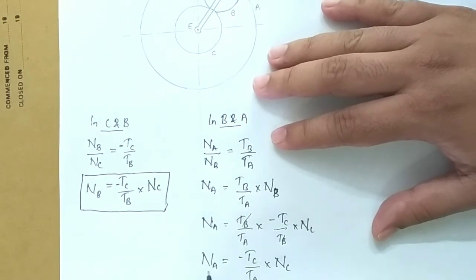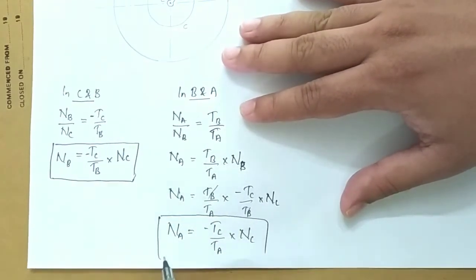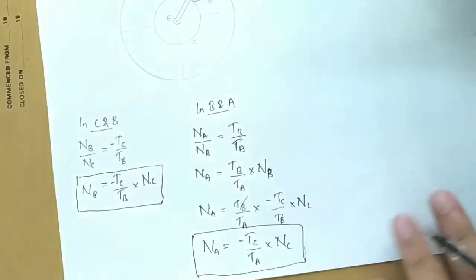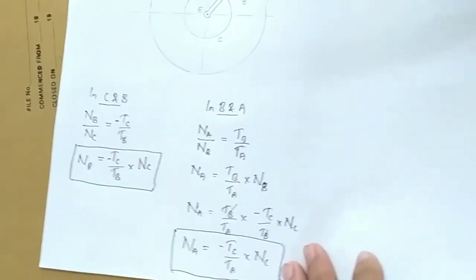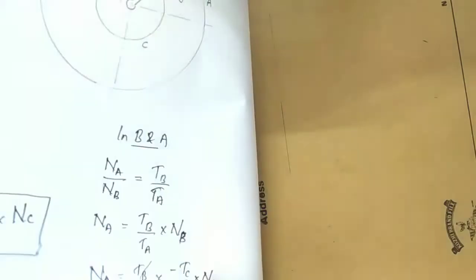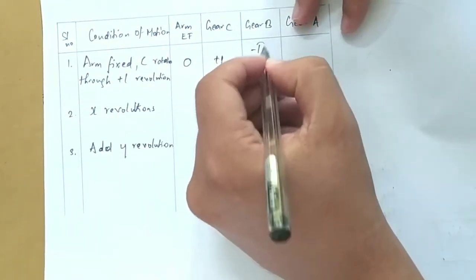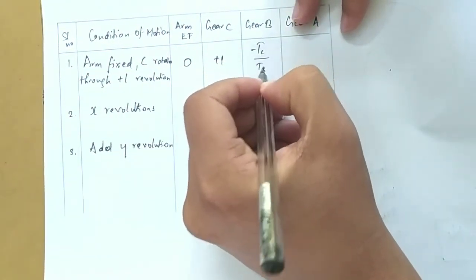This is NA, NA also you can put inside a box. Now what is the value of NB? NB you can take here as minus TC by TB.